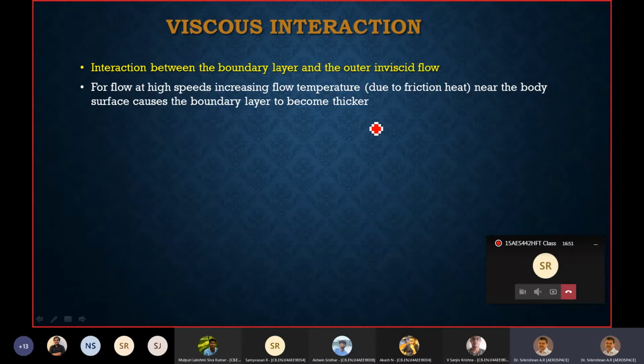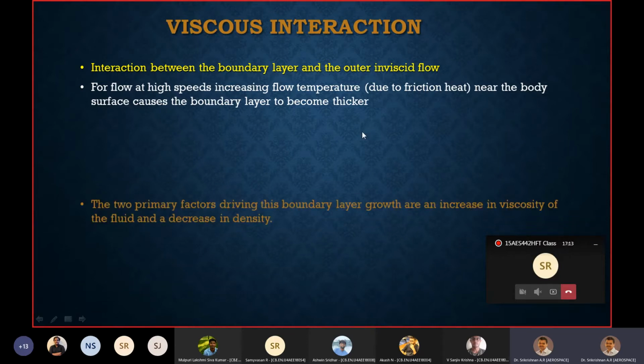When viscosity increases, the thickness of boundary layer obviously increases, because boundary layer is a region that is required for the entire viscous dissipation. Higher the viscosity, higher the boundary layer, which means that the boundary layer keeps thickening in such a way that it starts interacting with the outer region, which is otherwise an inviscid flow.